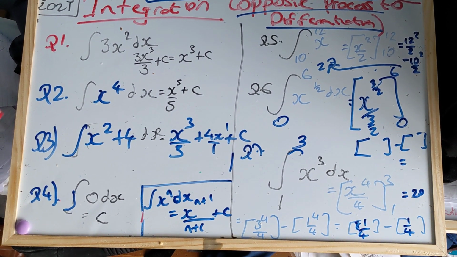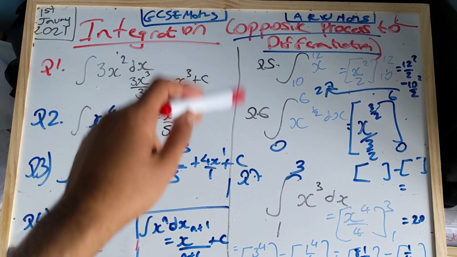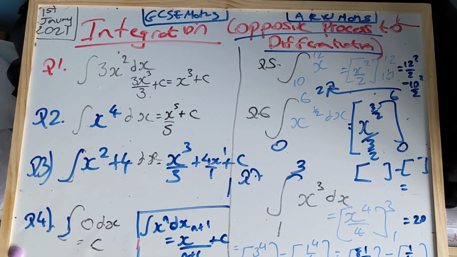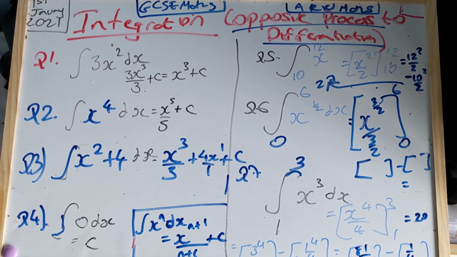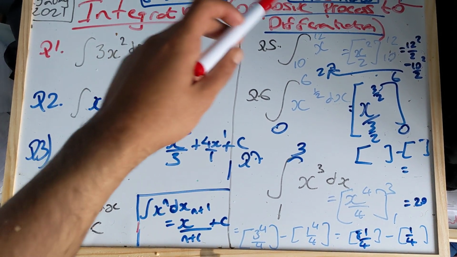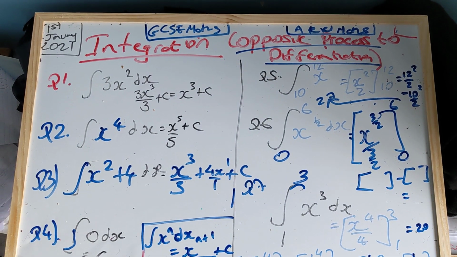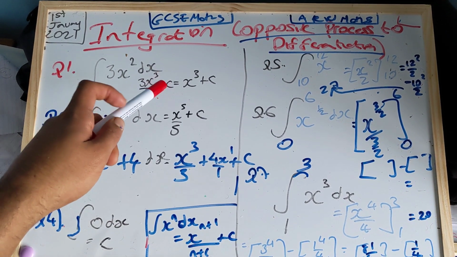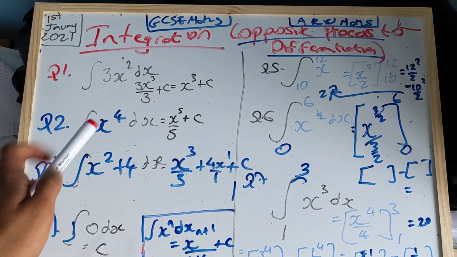Okay, right guys, in today's lesson we're going to go through random examples of integration and the purpose of it, and then we will be doing more questions in a separate video. So the purpose of integration, guys, is that it's the opposite process of differentiation. Integration looks at finding the areas of sections under a curve.